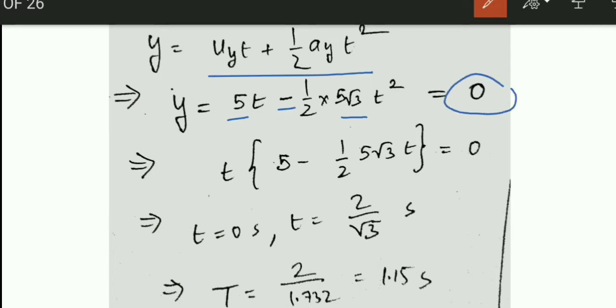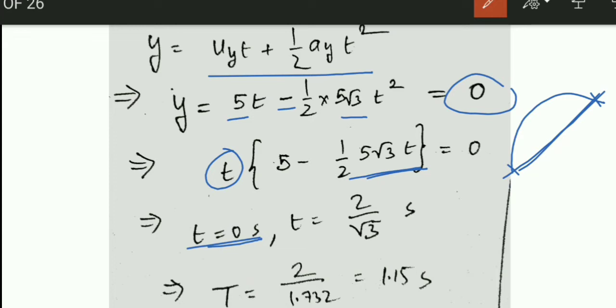That will be equal to 0 because we want to find out the time instants where it is crossing y equal to 0. So we can take out t common, and remains 5 minus half 5 root 3 into t is equal to 0. So t will be equal to 0 second, that is one root, and t is equal to 2 by root 3 second, that is the other root. So time of flight will be 2 by root 3, that is 1.15 seconds.